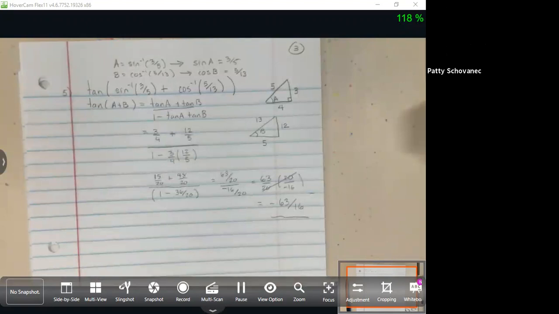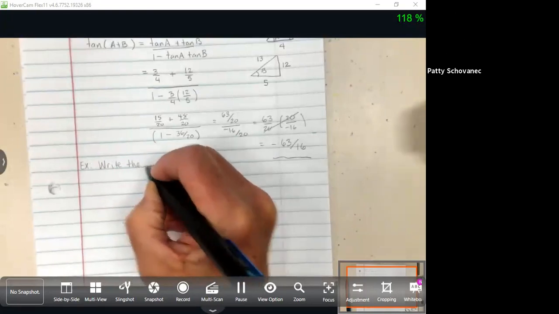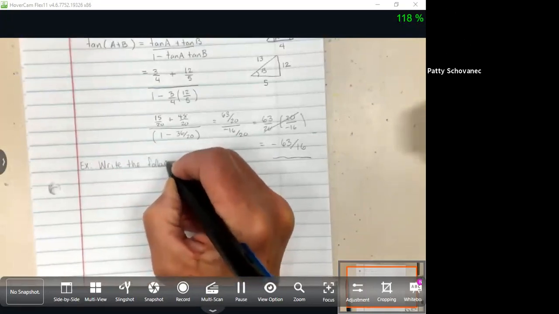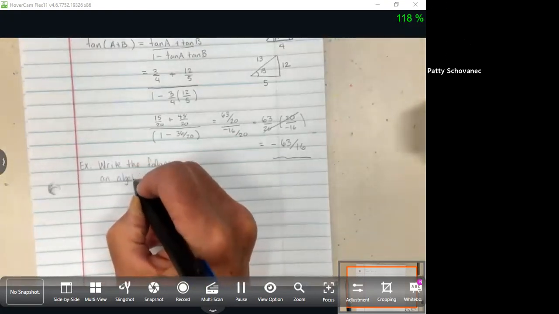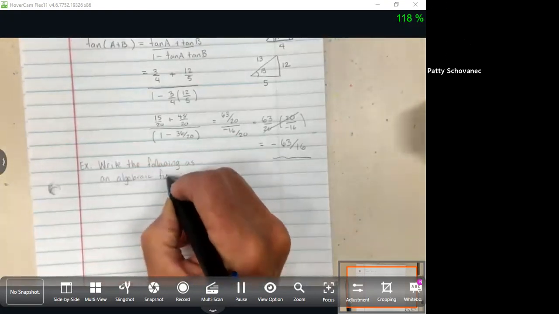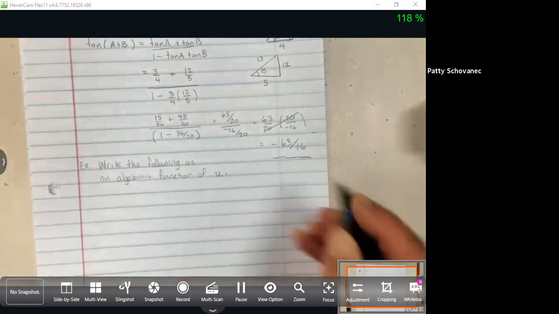There are times in your calculus class that you're going to need to find these composite functions without using any numbers. So let me take the numbers out and do the same thing in terms of a variable. So for example, my next example, write the following as an algebraic function of the variable u.